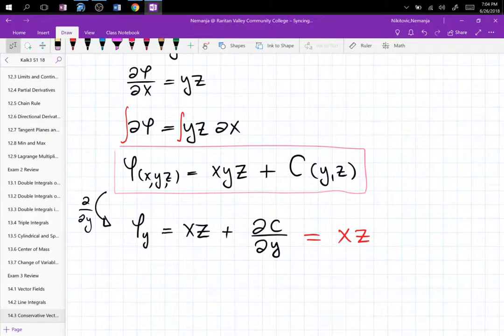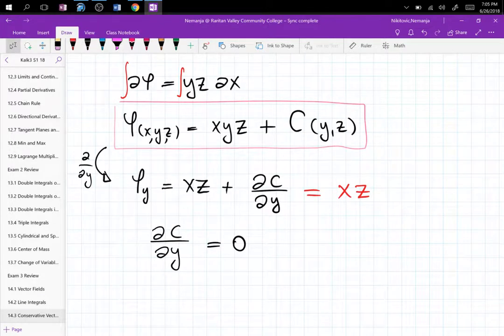Now, from this equality, I have that partial c partial y is equal to 0. The left-hand side has xz, the right-hand side has xz, they're equal, so partial c partial y has to be 0.